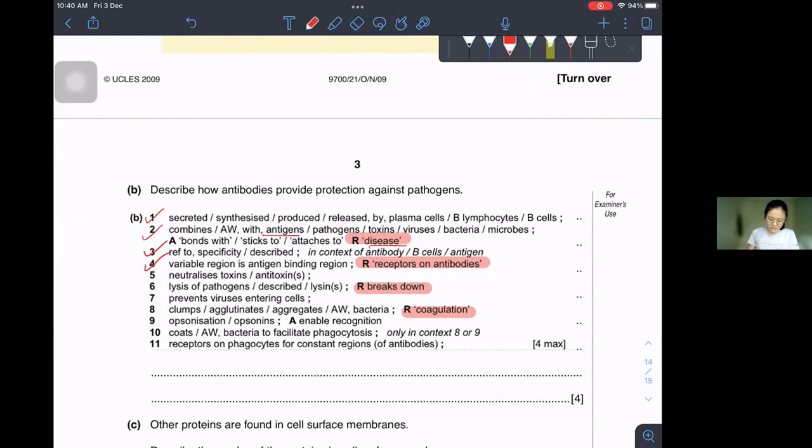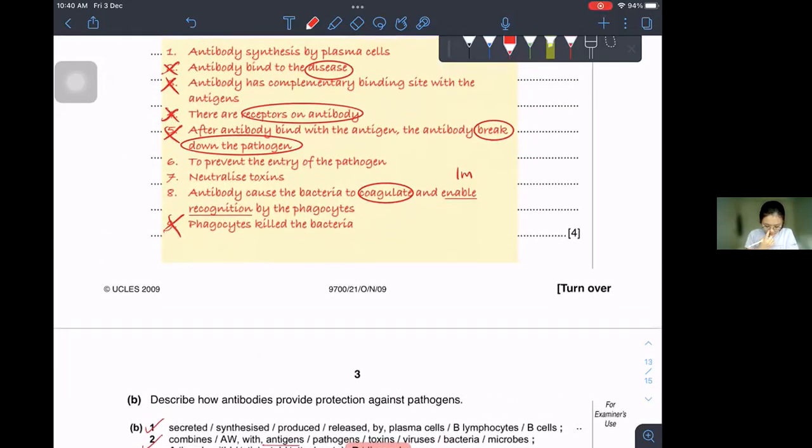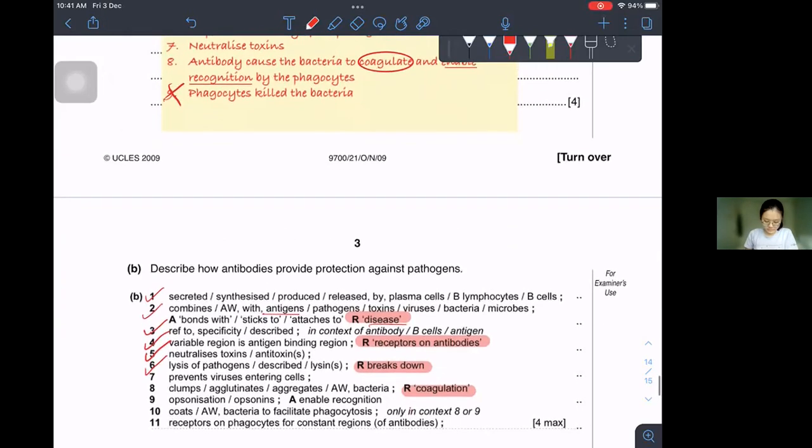And you can also state the function of antibodies, because antibodies will actually neutralize the toxin. And for point number 6, you can say the antibody will actually lyse the pathogen, but you cannot say that it's break down the pathogen.